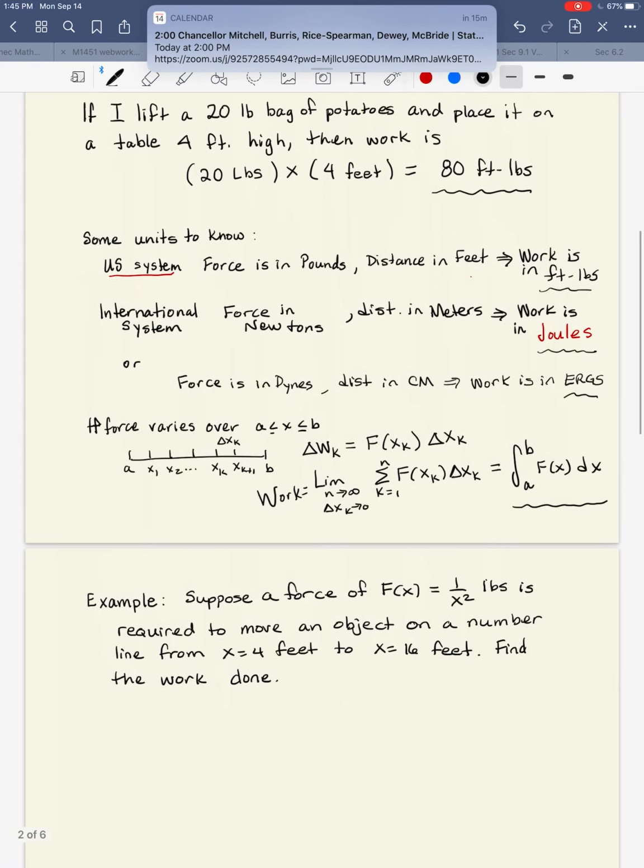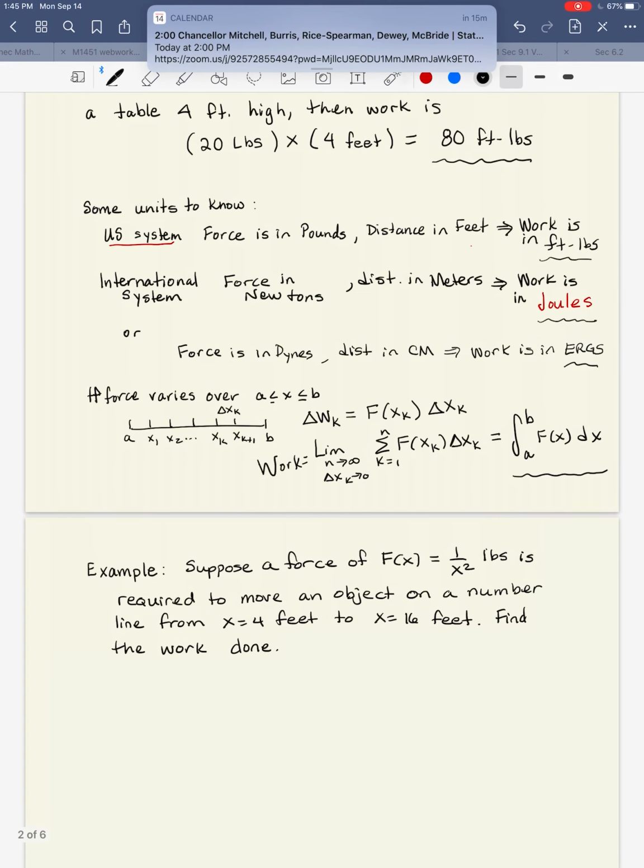So in my first example, suppose we're moving an object down a number line, and what I've written here is that the force is inversely proportional to the square of the distance that that object is from the origin. In other words, force is 1 over x squared.